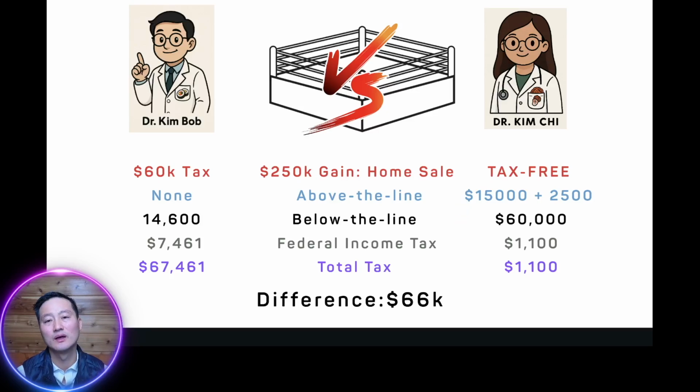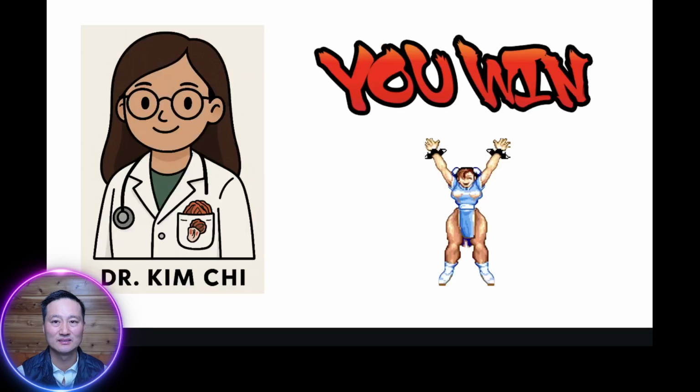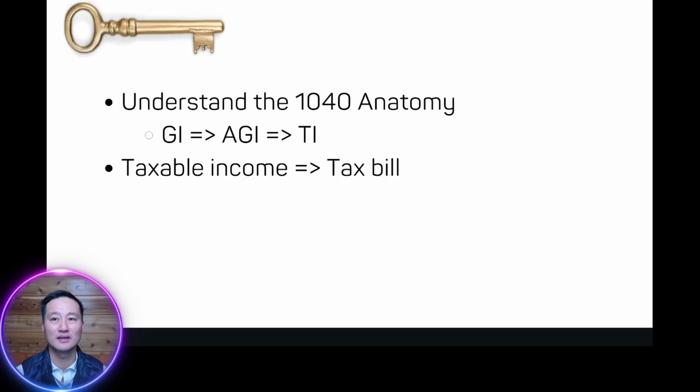As a result, her final income tax bill was just over $1,000. In the showdown of Dr. Kimchi and Dr. Kimbap, the difference came out to be a whopping $66,000 in tax savings. So one can safely conclude that Dr. Kimchi won the match by a landslide.